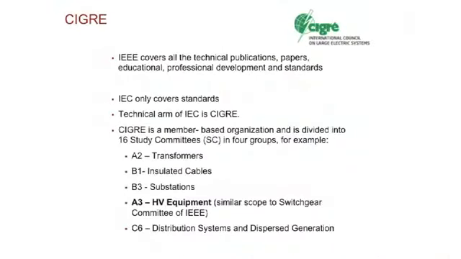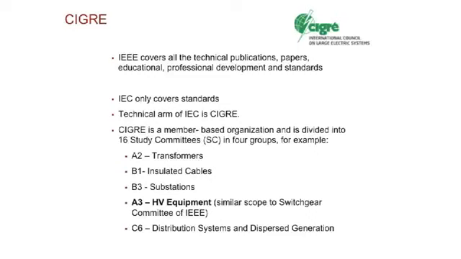I'm actually involved in SIGRE as well. Between SIGRE and IEEE there is a global agreement for cooperation, and I'm one of the liaisons between IEEE and SIGRE, again for the switchgear committee. But this is a technical arm of IEC. And it has its own study committees, and there are 16 of them. And one of them that I sit in is study committee A3, high voltage equipment.